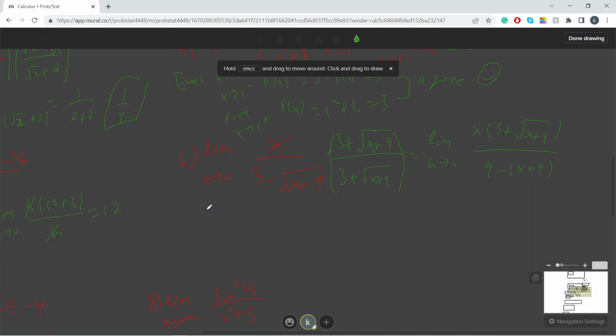And this is going to be equal to the limit as x approaches 0 of x times quantity 3 plus the square root of x plus 9 over negative x, because the 9's cancel out, so I'm just simplifying the denominator. Now we see the x's cross out.